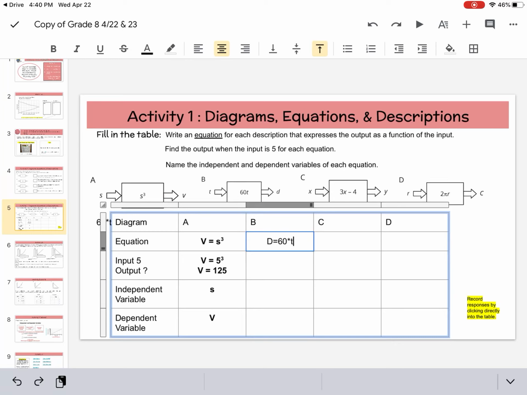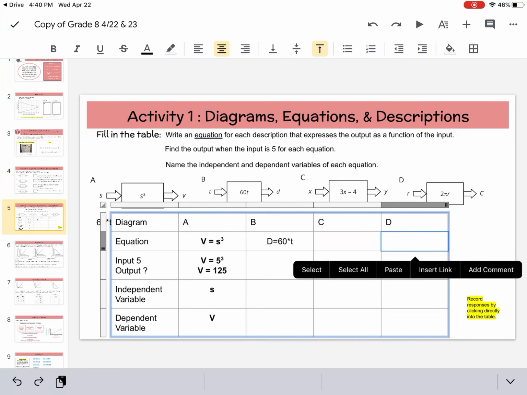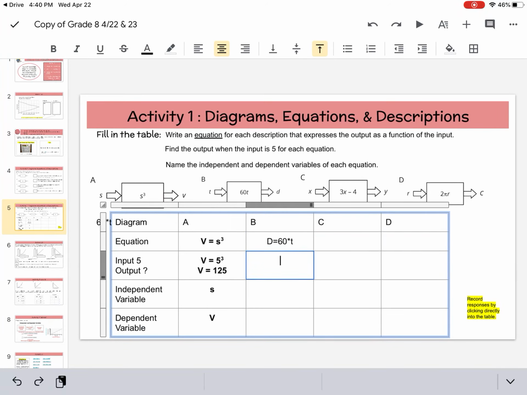times T. You're expected for C and D to do the same thing. Now you're going to take this equation and plug in 5 for that T. So you say to yourself, D is equal to 60 times, but instead of the letter T, it's going to be 5, because that input, that T, is equal to 5.